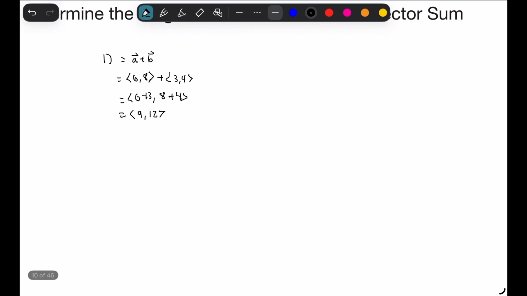Now, how would we find the magnitude? Magnitude is going to be of the vector sum. To find the magnitude of the vector sum, we're going to take the components and use the Pythagorean theorem on them. So it's going to be x squared plus y squared. Because this is the x and this is the y, you can imagine this as a triangle. Like, you have 9, and then you have a right triangle that's 12.